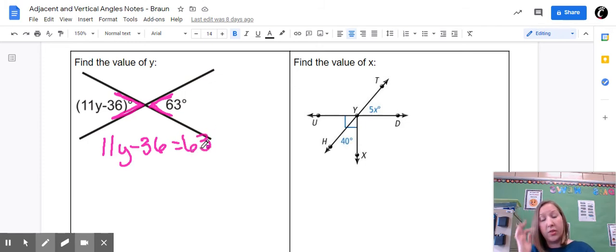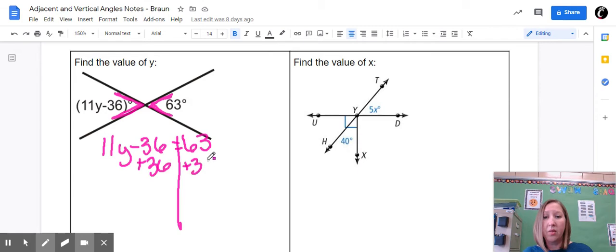I'm going to solve just like I would any normal equation. I'm going to draw my line down my equal sign, and I'm going to isolate my variable. I'm going to get my y by itself. So in order to get my y by itself, I need to start to undo the problem. To get rid of my minus 36, I'm going to add 36 on both sides.